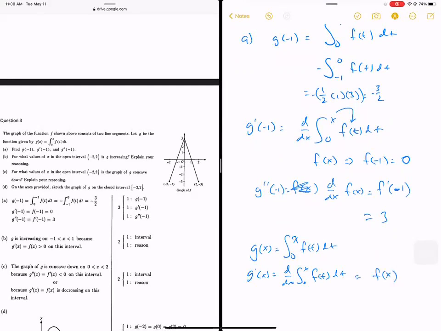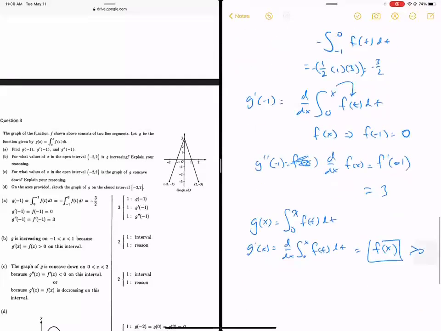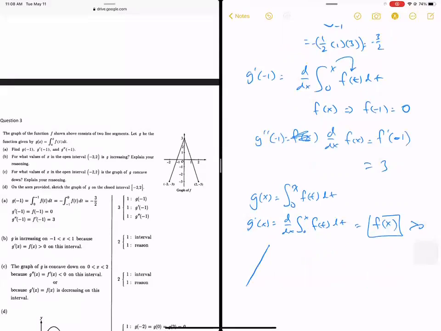That's our derivative. How do we know it's increasing? Well, when does the function look like it's greater than 0? Hopefully you see in this graph, it's increasing between -1 and 1 because the derivative is positive. And f is my derivative, so that's the only part of f that's positive.